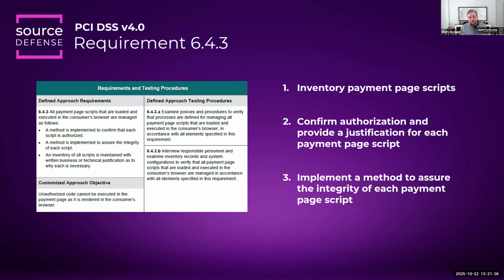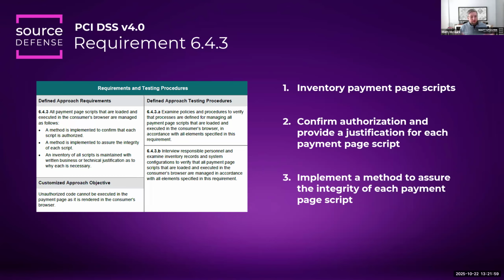What happened was the SAQ A, which is the most basic form of attestation an organization can use to say I'm in compliance, had its eligibility criteria changed to say that you have to prove that your site isn't susceptible to script-based attacks, or you have to use 6.4.3 and 11.6.1. Every QSA I've spoken to has said that functionally the outcome is you have to do 6.4.3 and 11.6.1, or come up with your own really interesting way to verify that your site is not susceptible.